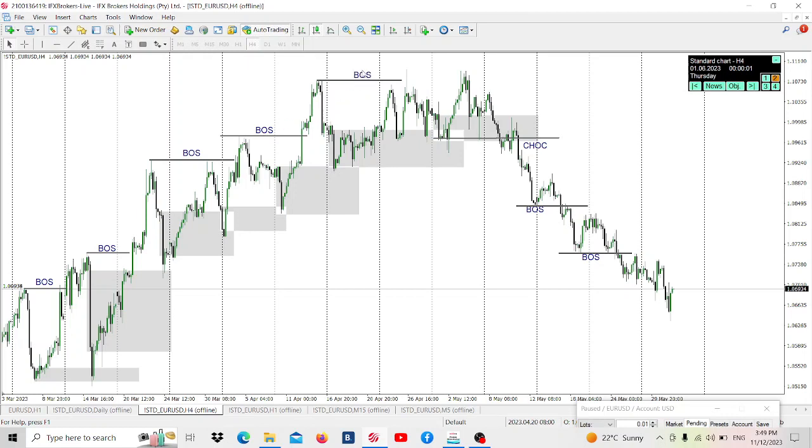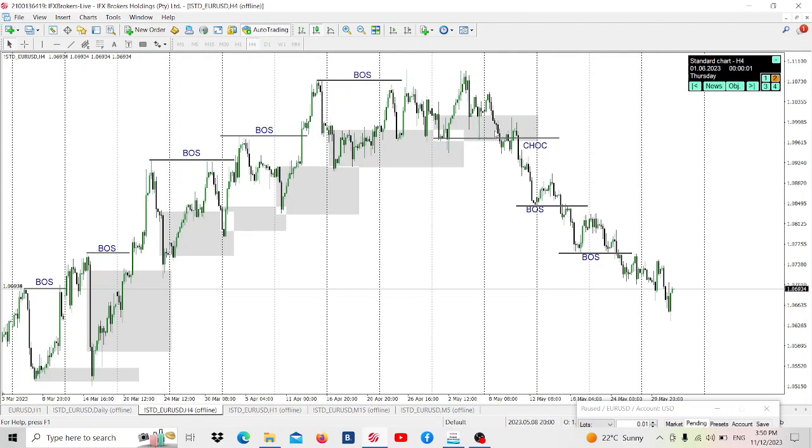Same thing was happening on that side. What is happening on the daily is happening on the 4-hour. When we saw the order block start here to buy, pushing up, breaking structure, returning to an order block, pushing up, breaking structure, returning to an order block, and so on.